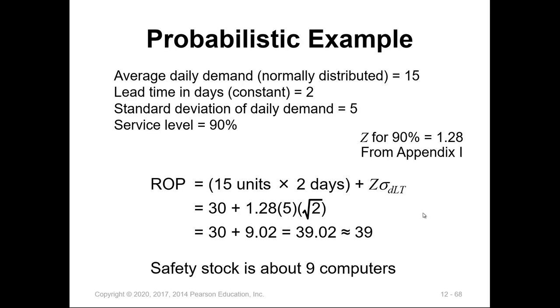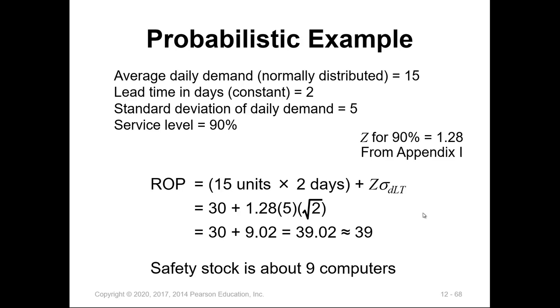For example, if we have an average daily demand, normally distributed, equal to 15, then lead time in days, constant, will equal 2, and standard deviation of daily demand of 5. The service level will equal 90%. The reorder point will equal 15 units multiplied by 2 days plus Z sigma DLT. Z for 90% of service is equal to 1.28.